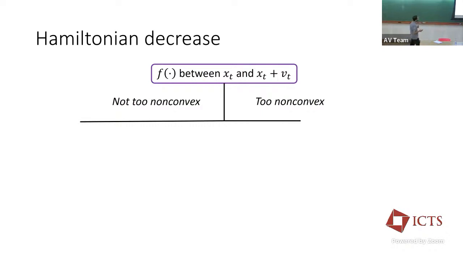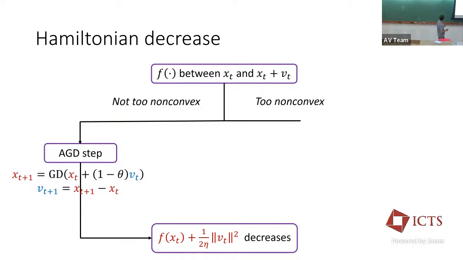Okay. So if it is not too non-convex, we just do the accelerated gradient descent step. And this is precisely the Nesterov discretization of the Newtonian dynamics. And in this case, we have already argued that the total Hamiltonian actually decreases.